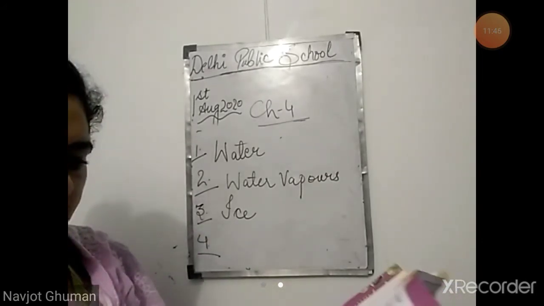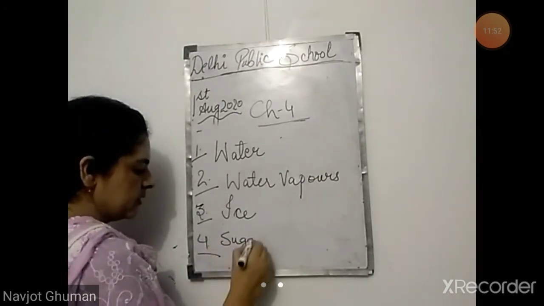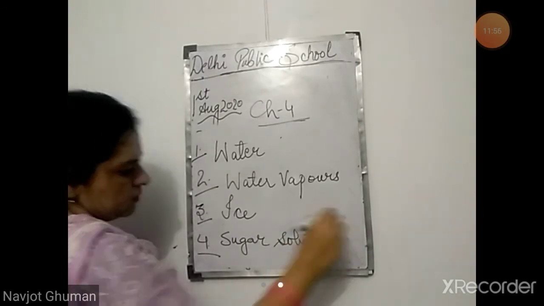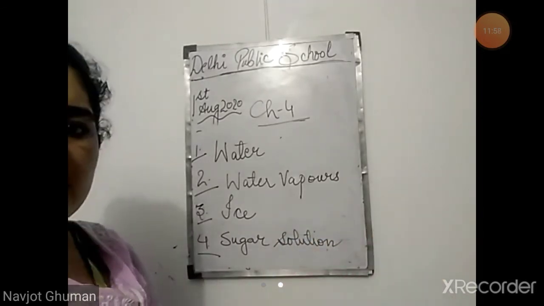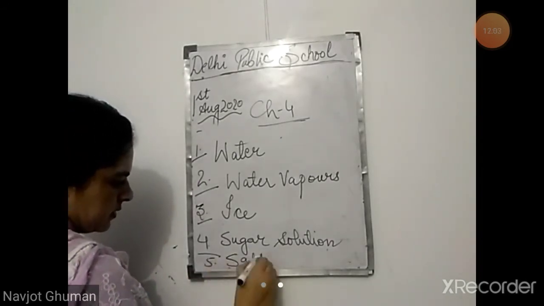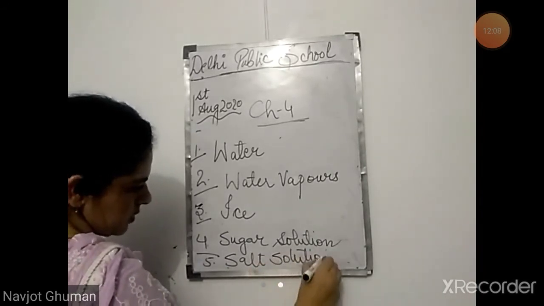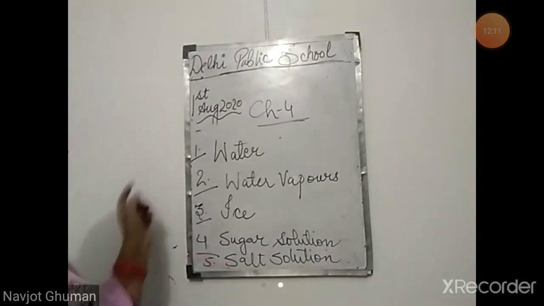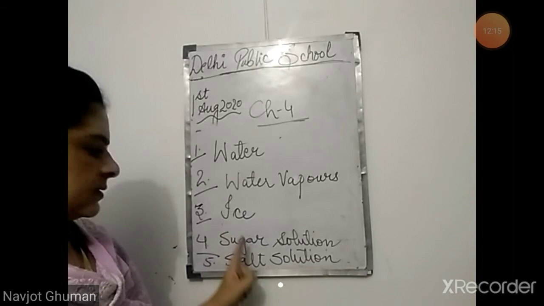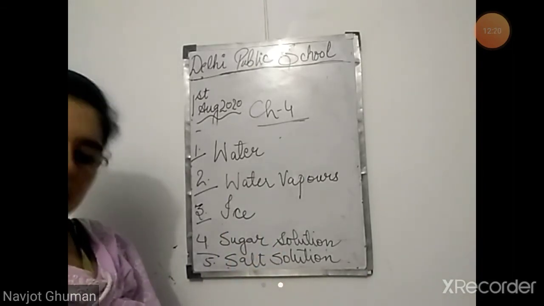When sugar is added to water, we get sugar solution. When salt is added to water, we get salt solution. So first is water, second water vapors, third ice, then sugar solution, and the fourth one is salt solution.